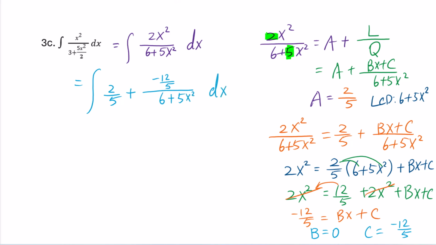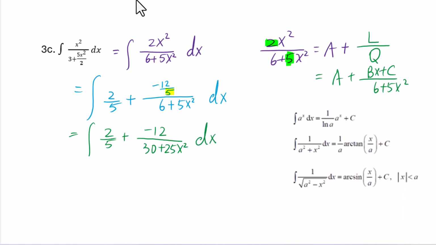We need to get rid of this 5. Integral 2 over 5 plus negative 12 over 30 plus 25x squared dx.